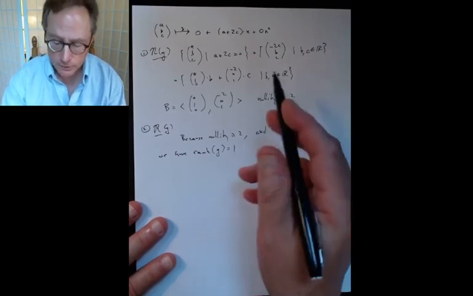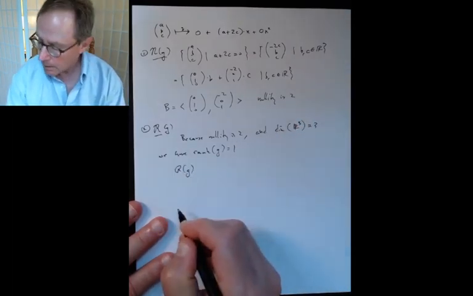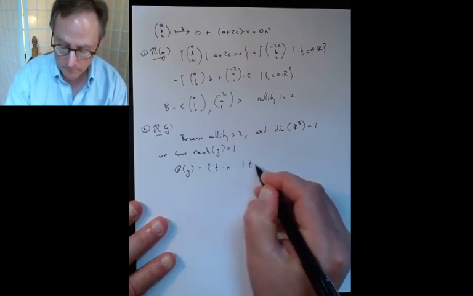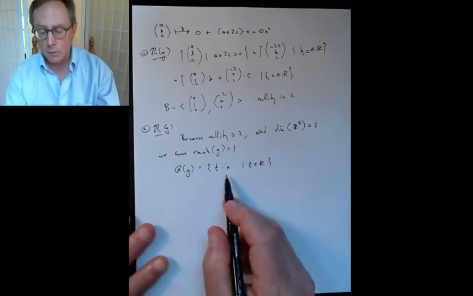So what that tells you is that the range space is just all multiples of x. That's right. It's a one-dimensional space.